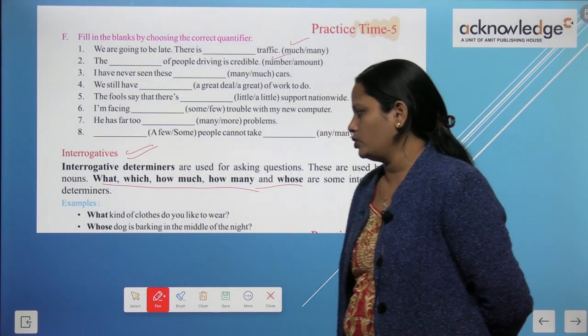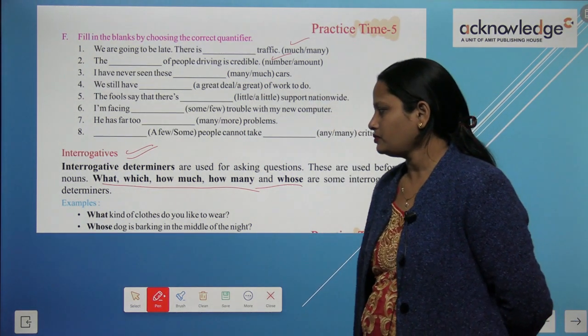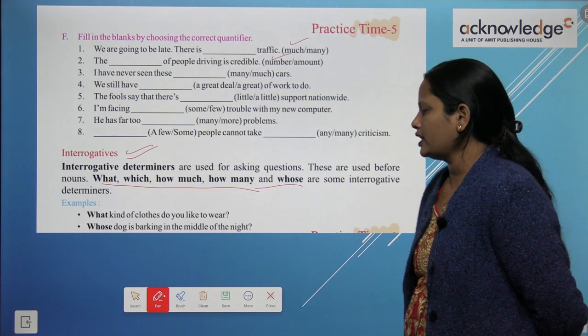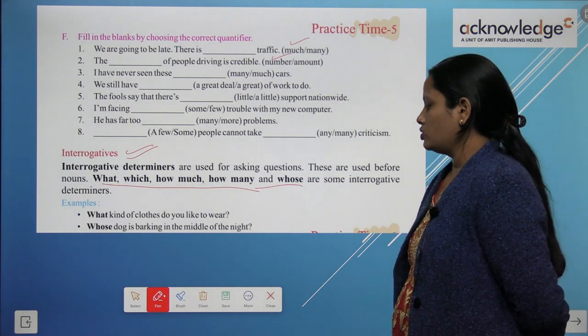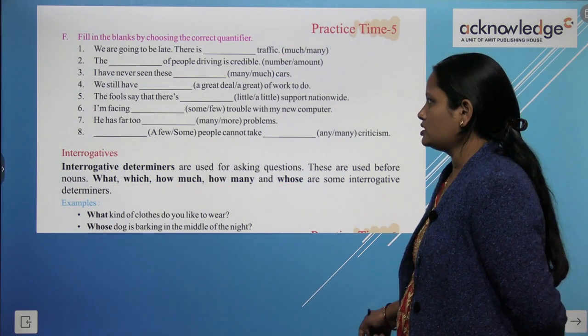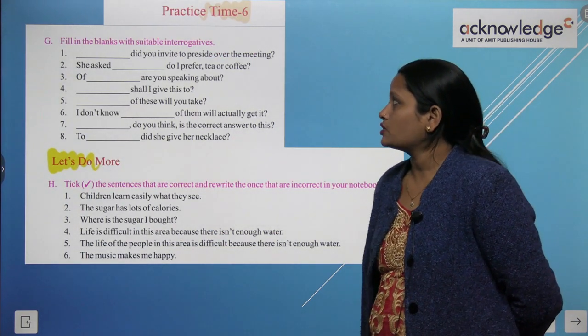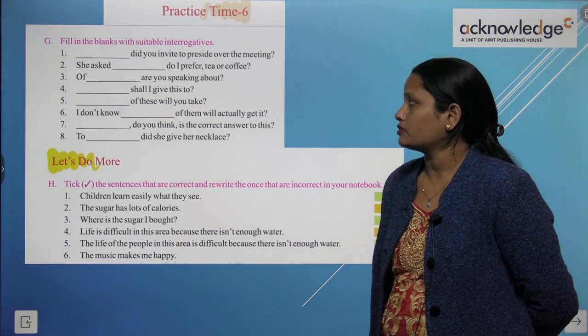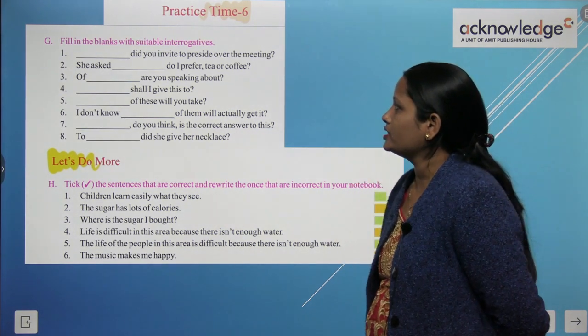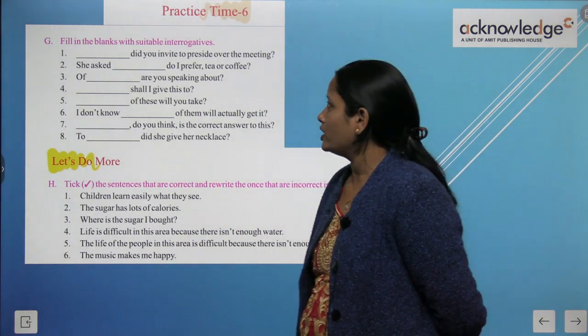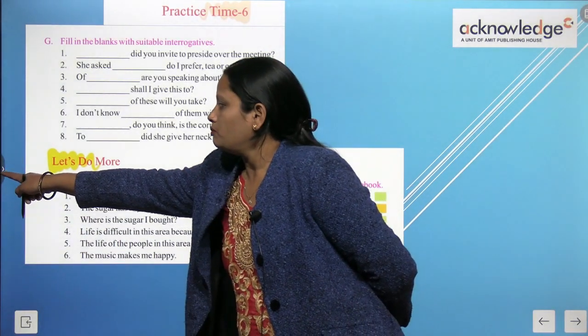What kind of clothes do you like to wear? Whose dog is barking in the middle of the night? So these are a few of the examples. Now quickly, let's come to fill in the blanks with suitable interrogatives. So here children, the first one is dash did you invite to preside over the meeting?